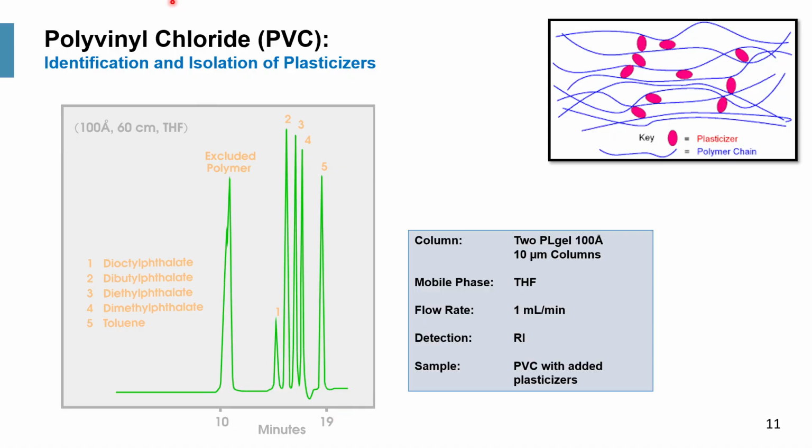This is an example case study of polyvinyl chloride, both for identification and isolation of plasticizer. PVC uses require quite a different type of plasticizer shown here, and here is a way to isolate the excluded polymer shown here, and also one gets a GPC separation of the different types of phthalates used commonly for PVC.